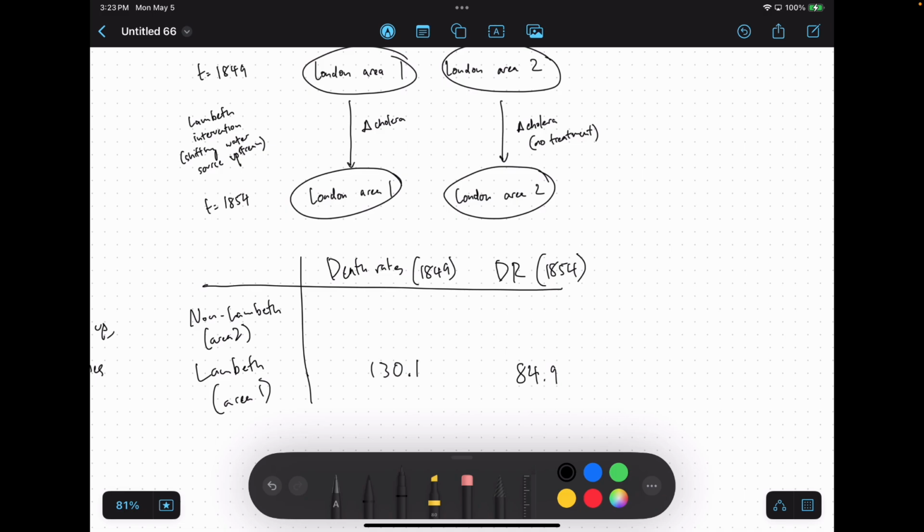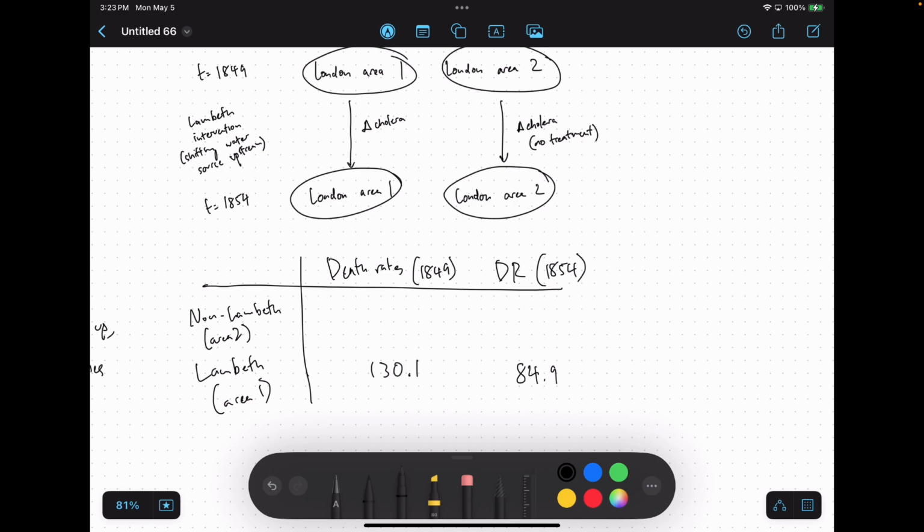And the question is, can I actually attribute this decrease in deaths, of 45.2, to my intervention, my treatment, which is shifting the water source upstream, right?